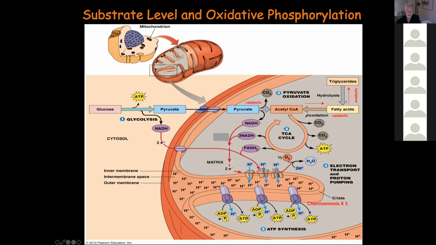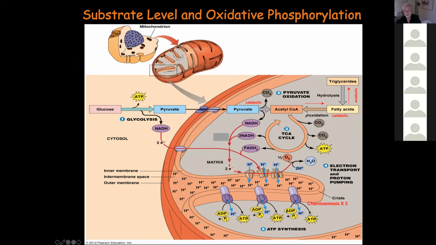This proton gradient that's generated, you have this high concentration of protons inside, they can now diffuse through the membrane, through these ATP synthase complexes shown here in purple. So these are the sites of chemiosmosis, 3 shown here. And this is where large amounts of ATP are synthesized. So this is starting with sugar and ending up with ATP.